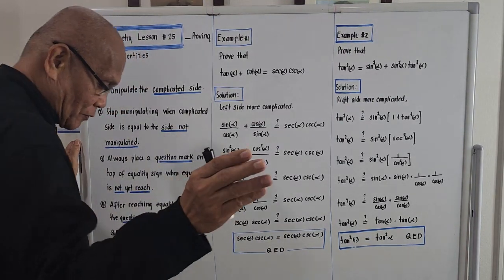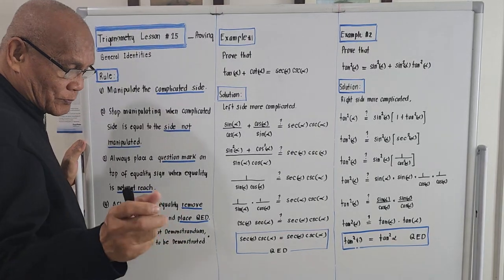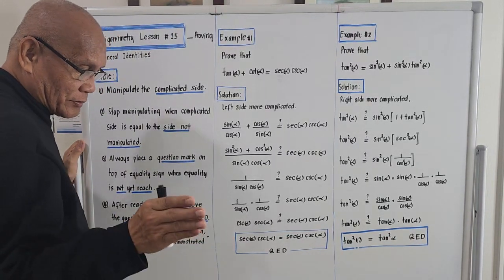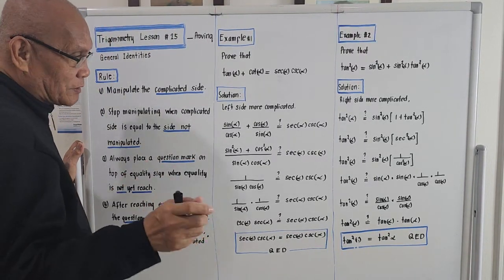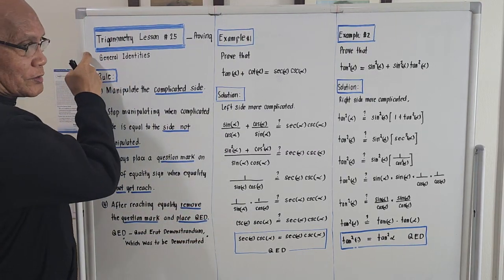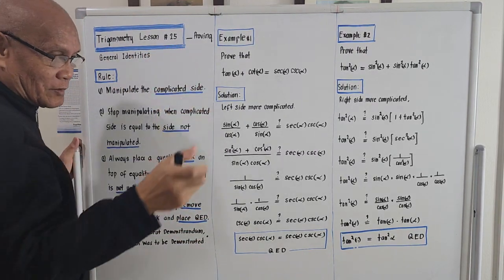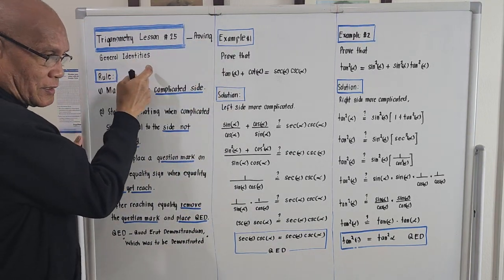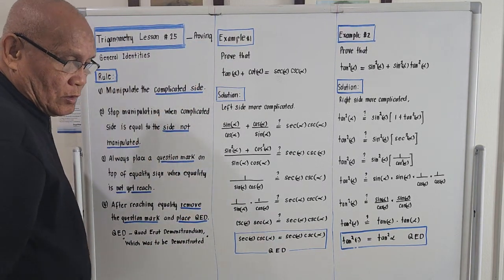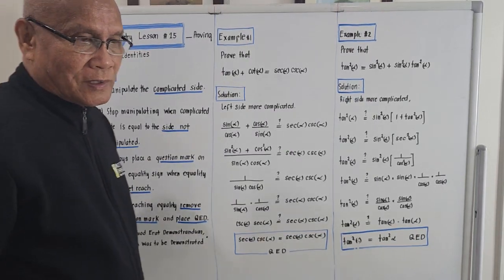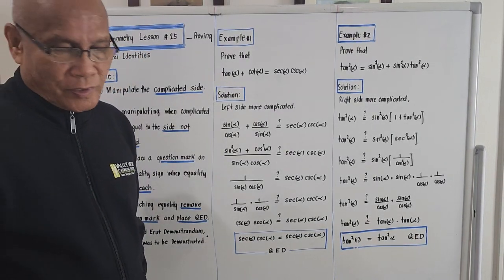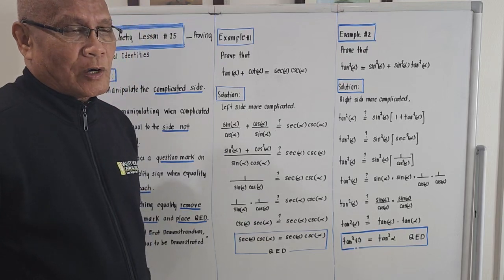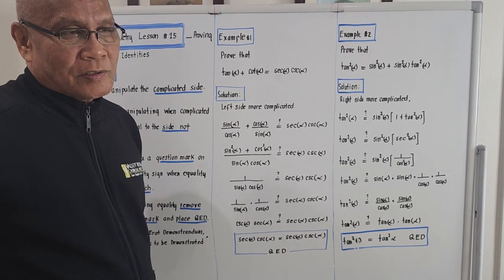The subject matter for tonight, for those of you who are following my trigonometry long video format discussion, this is trigonometry lesson number 25, and the title of the topic will be proving general identities. One of the most important topics under the study of trigonometry will be our knowledge on identities.